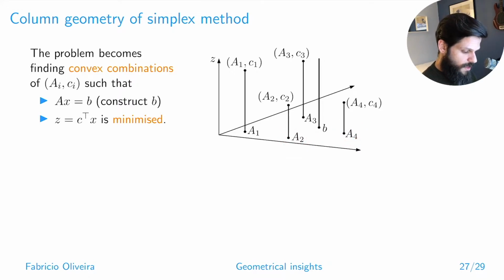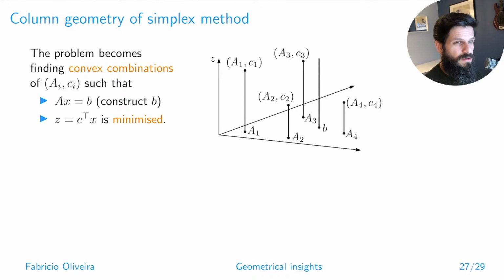Basically, what we're trying to do is to make convex combinations of these points in a way that they match b, right? And when I look at the resulting convex combination of these points, projected on the axis of the objective function value z, I'm going to obtain a value here, or say here, and I'm trying to make that convex combination minimize this.